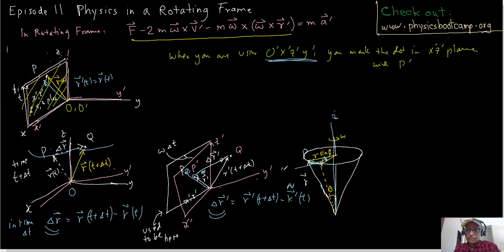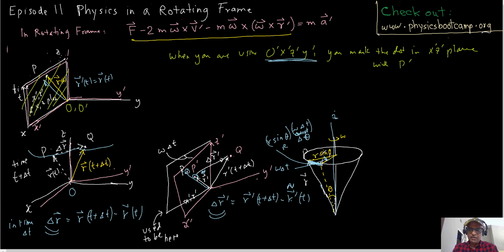This distance will be r sine theta times omega delta t. This is the theta, this is the radius, and this is the delta theta. That's the arc, so that's the distance rotated. That's how much is different.